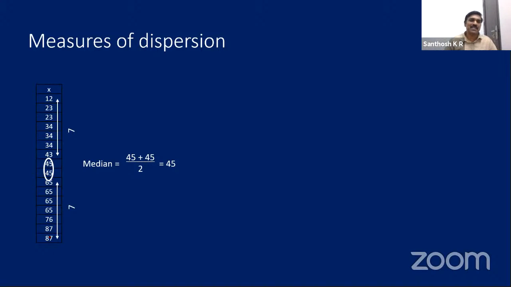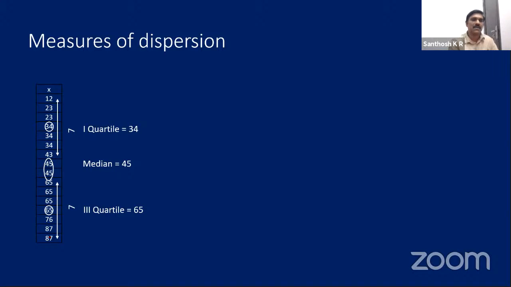How many values are there above the median? Above the median, there are 7 values. And below the median, again, there are 7 values. Out of this, I can take the middle again. The mid value of the 7 below the median, I call the first quartile. The middle value is the median.